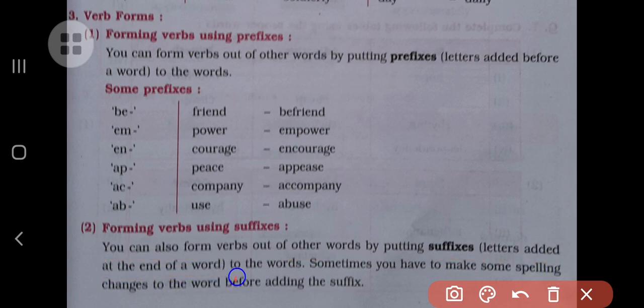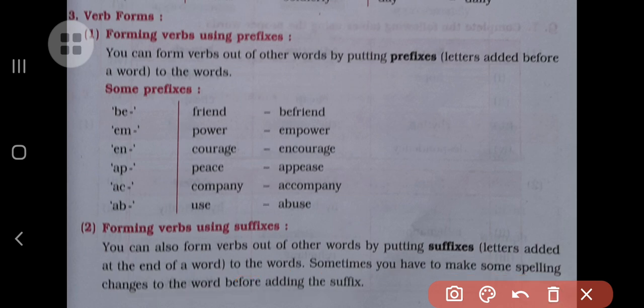Yes, and in this way we can form a new word. Okay, now sometimes you have to make some spelling changes before adding the suffixes. So we will continue this discussion about how we can form verb forms by adding some suffixes.